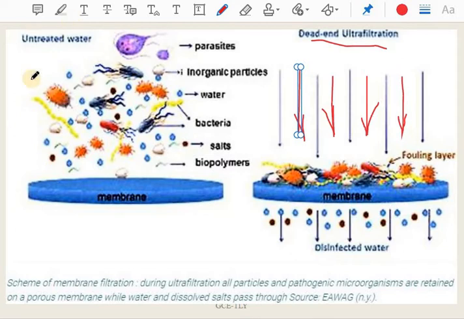The next case is cross flow filtration, which is tangential flow. The flow is tangential to the membrane placement, or parallel to the direction of placement of the membrane.